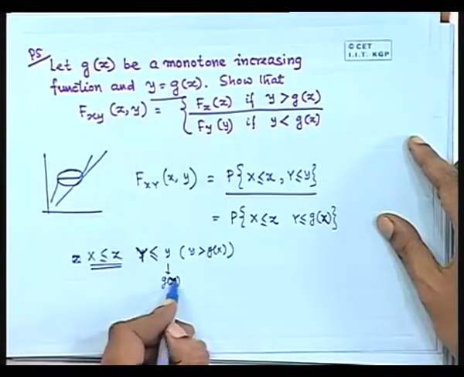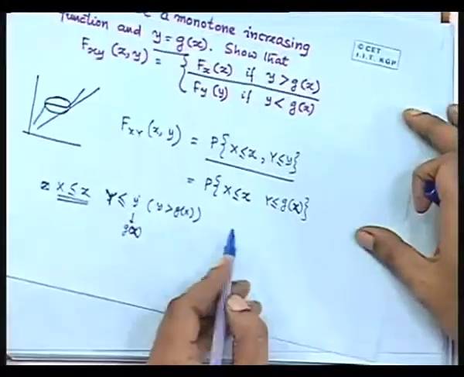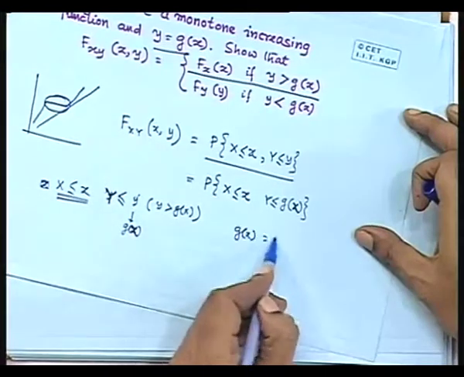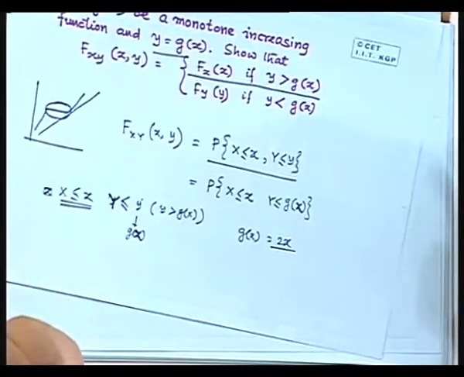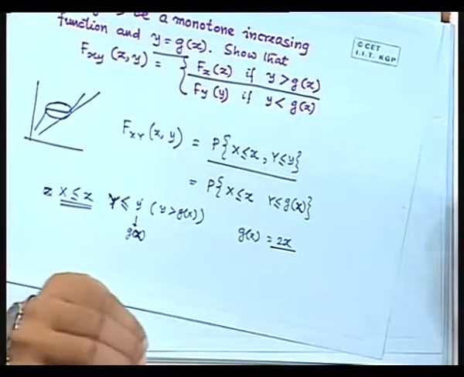Suppose g(x) is equal to 2x. You are saying, what is the probability that X is less than or equal to 1 and Y is less than or equal to 3.